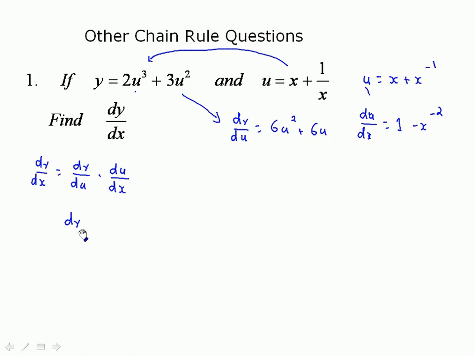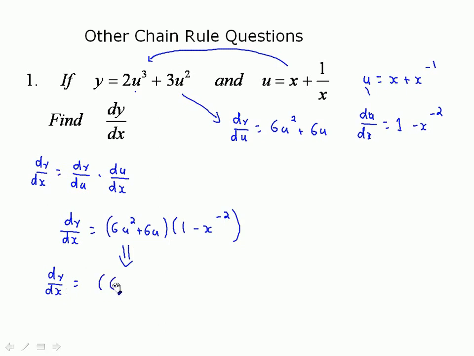And the next step would be plug her back in. So dy dx is equal to dy du, which is 6u squared plus 6u, multiplied by du dx, which is 1 minus x to the negative 2. Now, we need to go further because we currently have a u variable kicking around when we want to have it in terms of x.